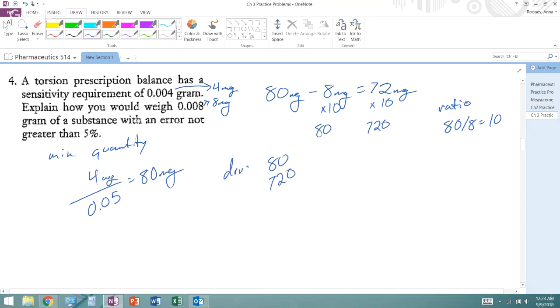So drug, diluent, total: 800 milligrams.